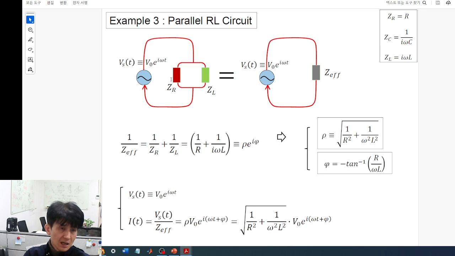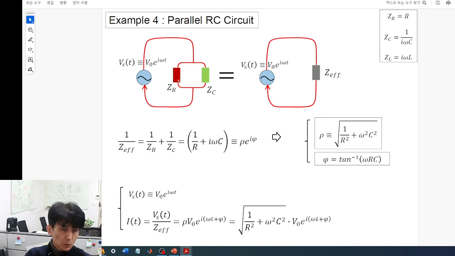Current is V divided by the impedance of the resistor, and the current through this one is V divided by the impedance of this one. As the impedance of the inductor is I omega L, the current passing through this component is this divided by I omega L. The current passing through this component is the voltage divided by R, so we can calculate the current passing through each component independently.